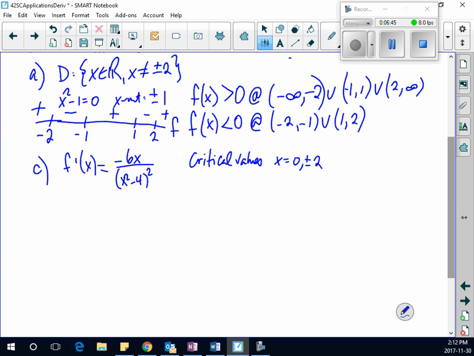Then what am I going to do? Sign diagram, label it f prime: 0, -2, +2. I'll give you a second to fill that in, because otherwise you're just blindly copying what I'm writing.